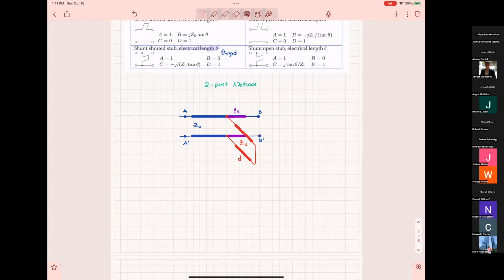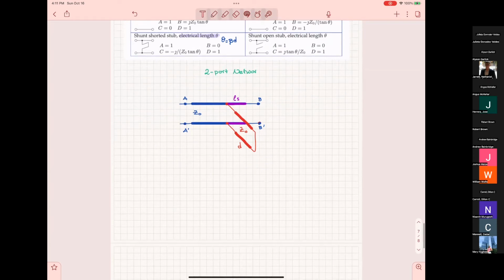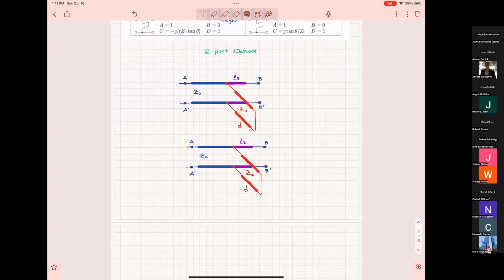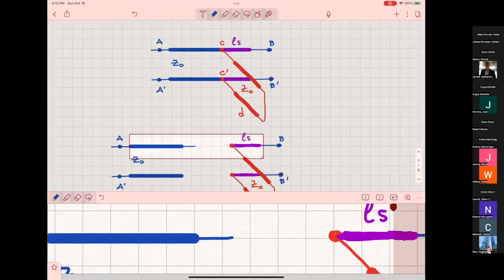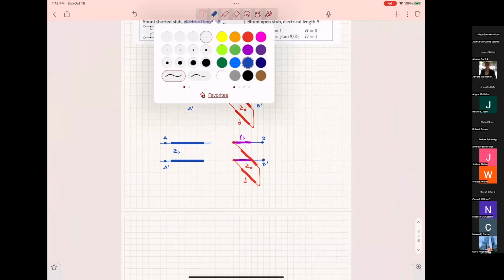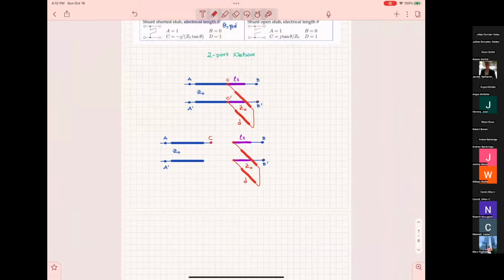I will copy this and paste it, move it, and make it shorter because it's only the blue part. You remember these were C and C prime.